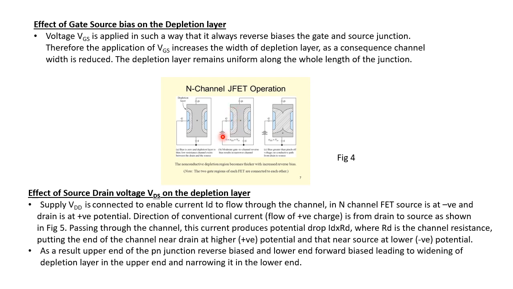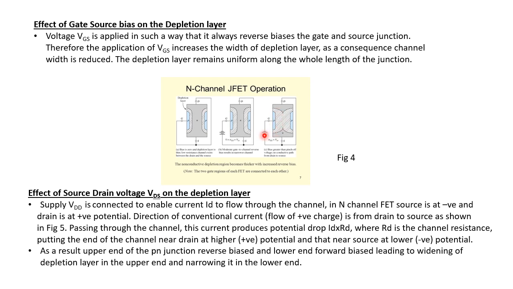So if this reverse bias is increased, then the width of the depletion layer will be increased. In this case, the reverse bias has a smaller value, so the width of the depletion layer is smaller. And in the next figure, the value of this reverse bias is increased. Therefore, the width of the depletion layer is increased to a larger extent like this.